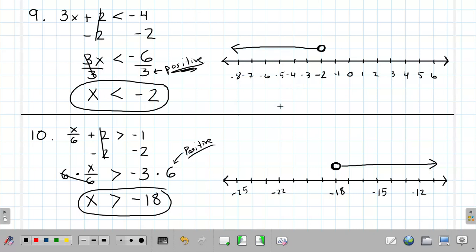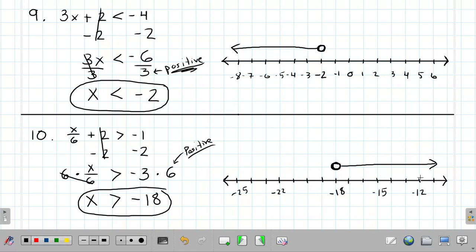So once again, the solutions to this inequality are any number that's bigger than negative 18. So negative 15, negative 12, negative 10, 0, any positive number, okay? So once again, this arrow means it goes on forever. Those are all solutions to the inequality.